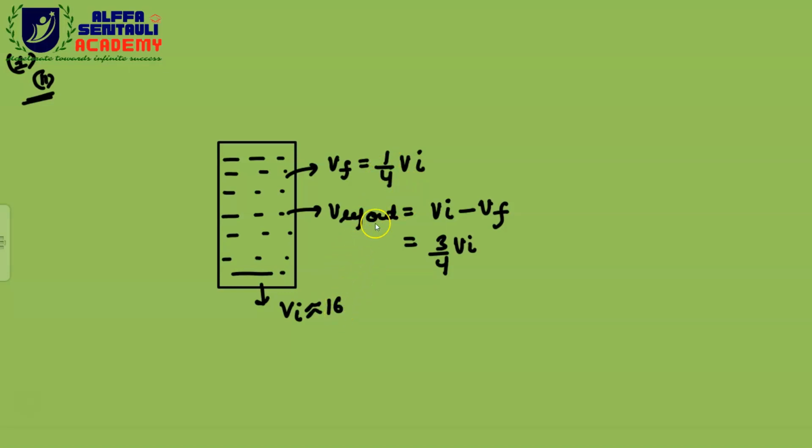You can take any multiple of 4, so that it gets easily cancelled, and we want our answer to be a proper integer, not a decimal. So if you take Vi as 16, what should the answer be, beta? 3/4 of 16. 4 ones are 4, 4 threes are 12. So how much volume is left? 9. Correct or not?